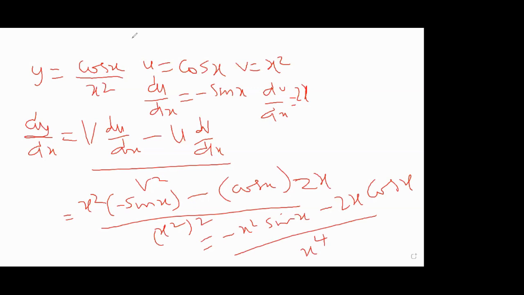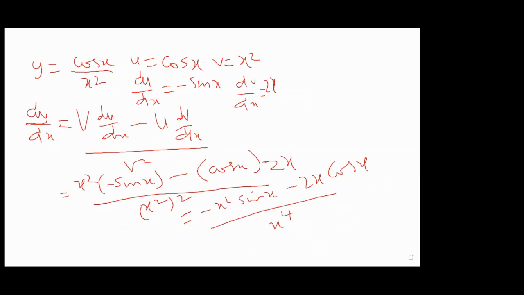You can leave your answer like this, or you can simplify further. x is common, so you can say it's equal to x times minus x sine x minus 2 cos x all over x raised to the power 4.